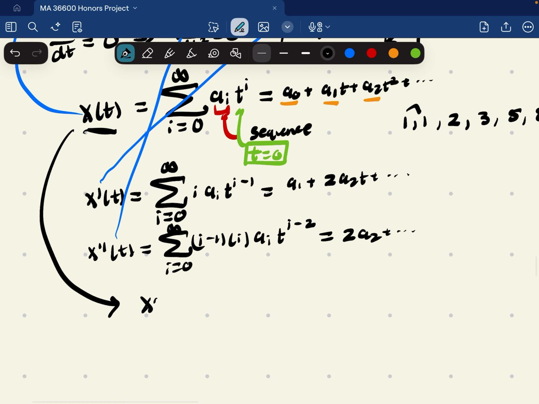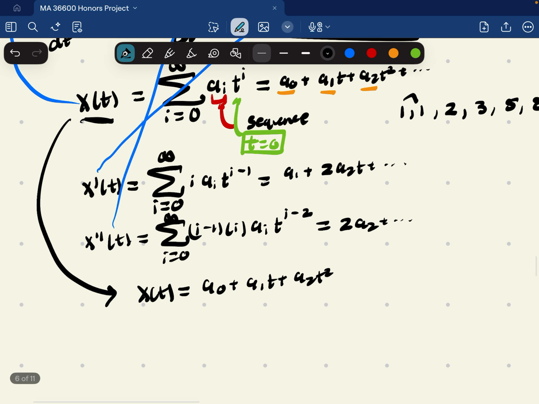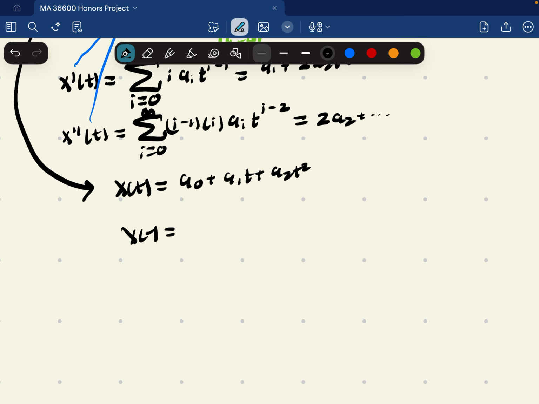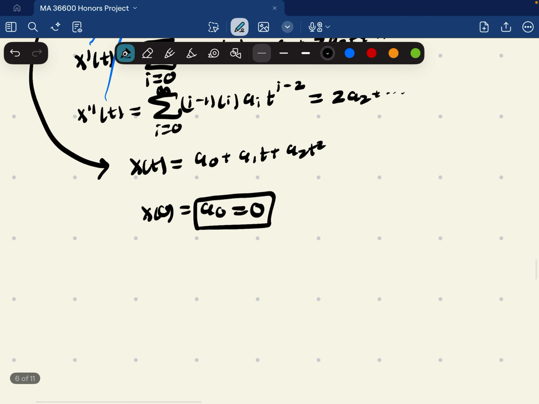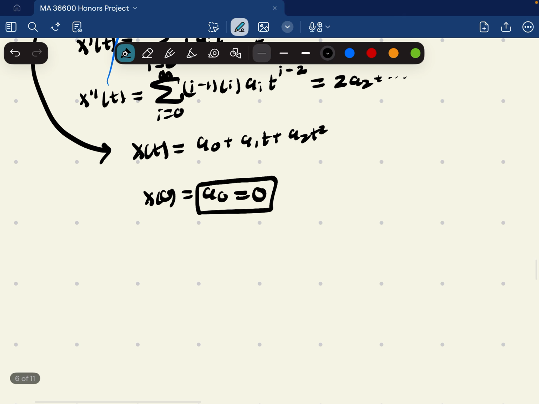Because x of t is a0 plus a1 t plus a2 t squared, x of 0 is going to equal a0. And I know my initial position is 0. It's really displacement, but in any case, it's 0. So I can solve for a0. I solved for one coefficient. Great. I need to solve for n more, but I did solve for one.